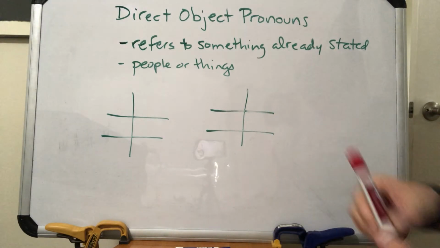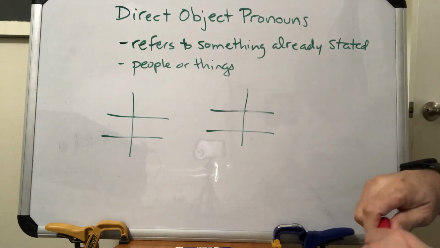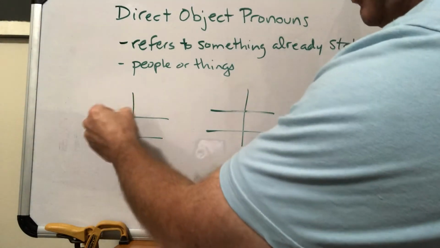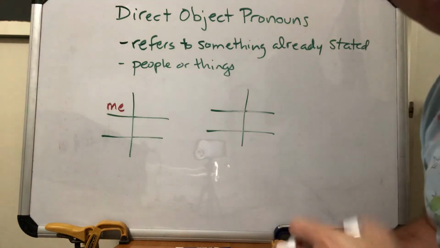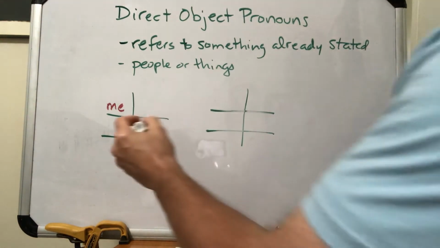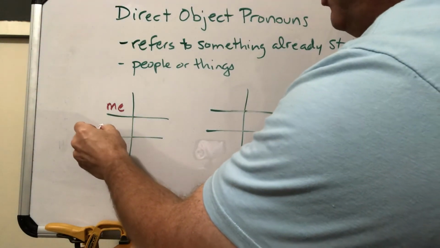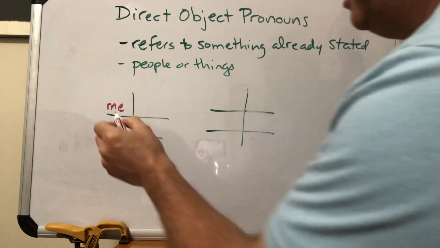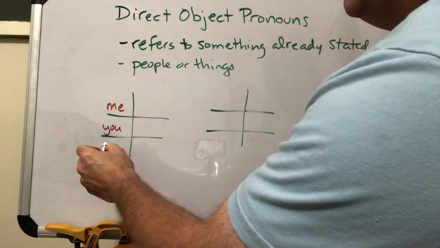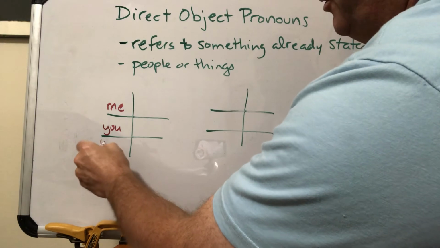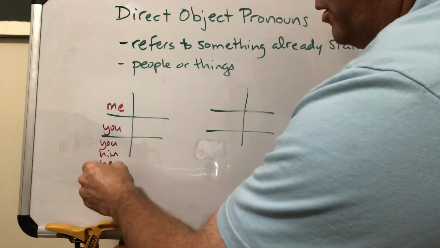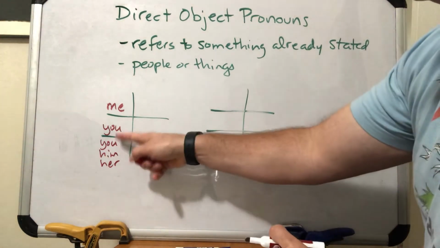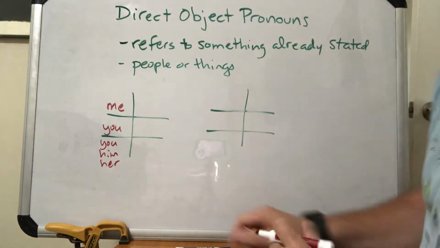If we're doing direct object pronouns in English, this is always myself, by myself. I would say me. You say something, oh, is this for me? You would be this one. Down here would be another you. It would be him or her. So the you is the same as our subjects, but him, and just think of it this way.